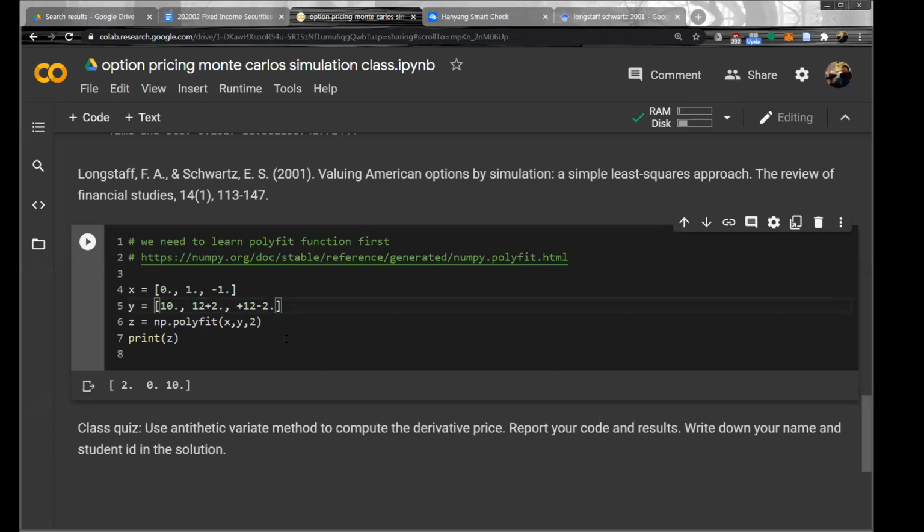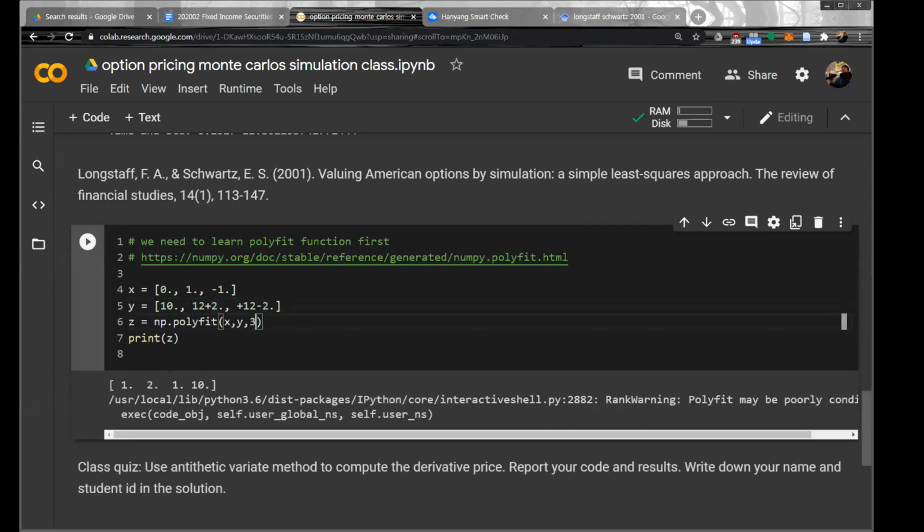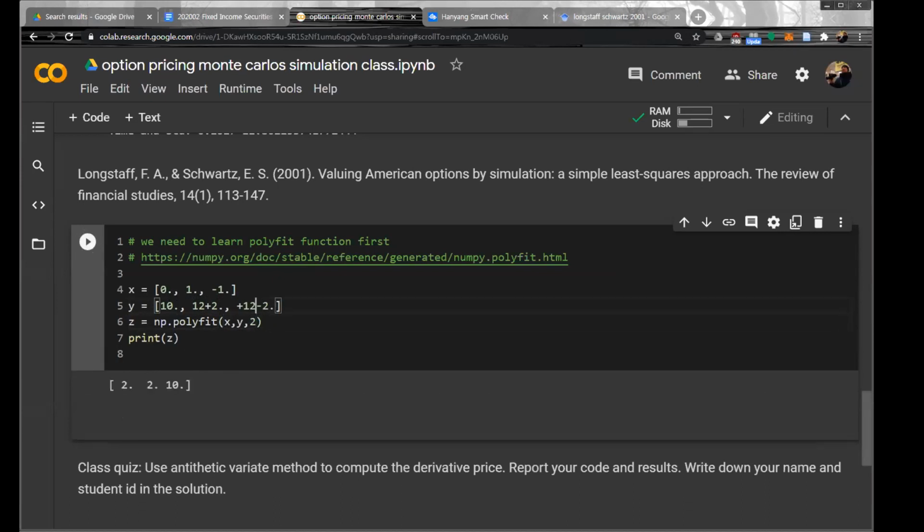If we do minus 2, then Y equals X squared plus 2X plus 10. Even if we add a third order, it doesn't fit very well now, because we have 4 unknowns and only 3 data points. So up to 2, it is fine.